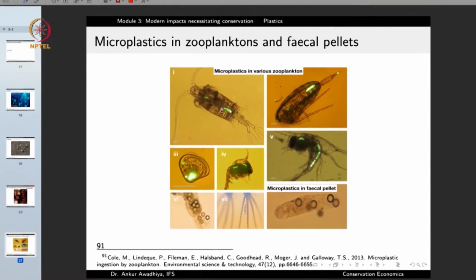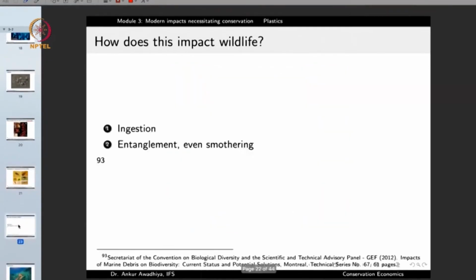Now, these green colored substances are microplastics, and we can observe that these microplastics are even impacting the microscopic organisms, such as the planktons. So, ingestion is one big way in which the plastics can impact the wildlife.